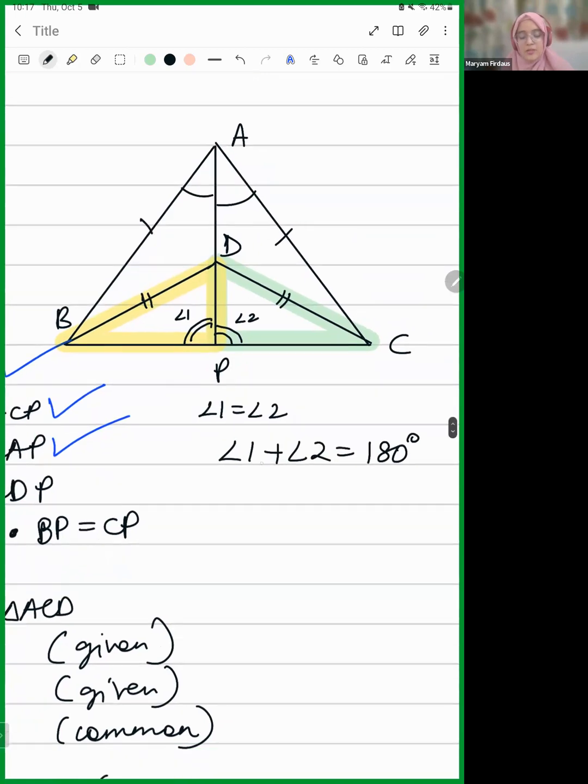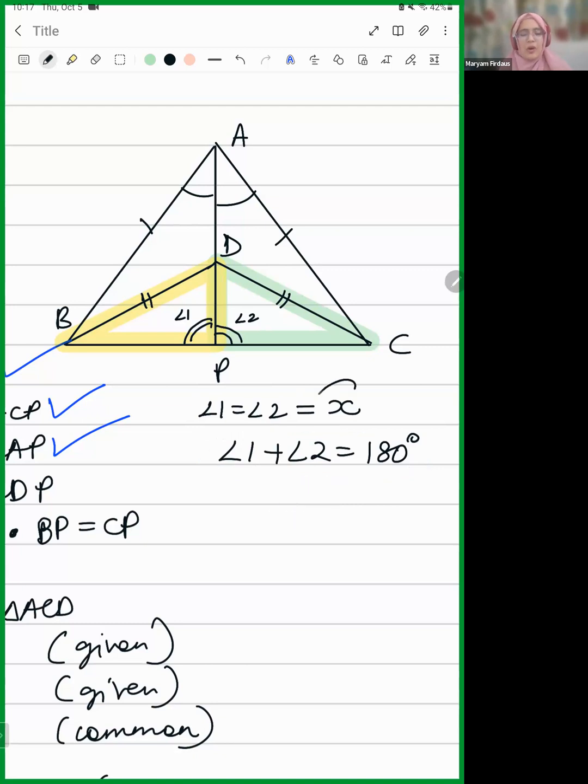Since they are both lying on the same line segment, their sum is going to be 180 degrees. Abdur Rahman, if it's not related to this question, you can type it in the chat box. We know that they are both equal to each other, so you can call them x, or say twice angle 1 or twice angle 2.